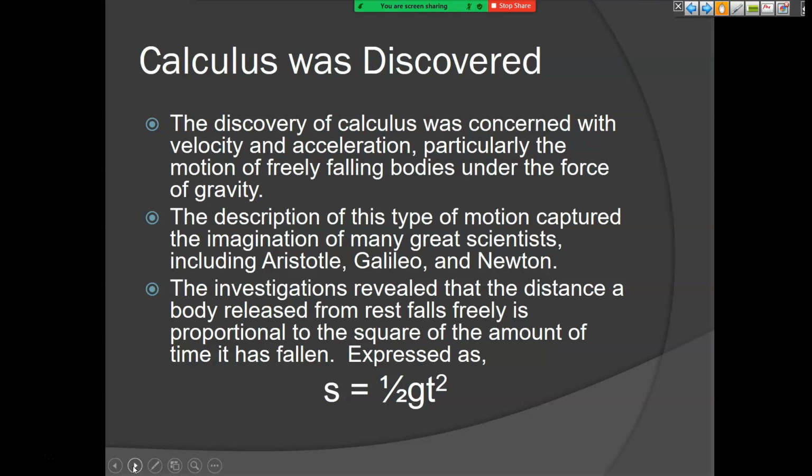So physics and calc really are interrelated bodies in the fact that both began with the study of free fall, interpreting force and gravity, because our early scientists such as Aristotle, Galileo, and Newton really wanted to understand why objects fell in the way that they fell.